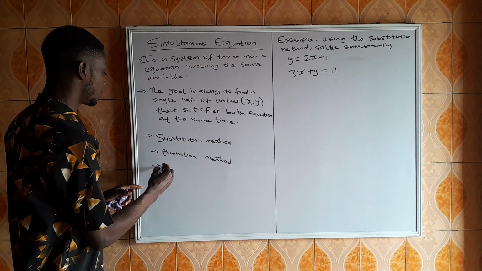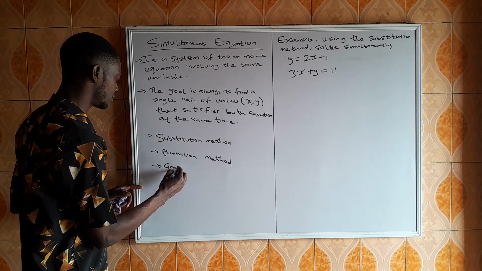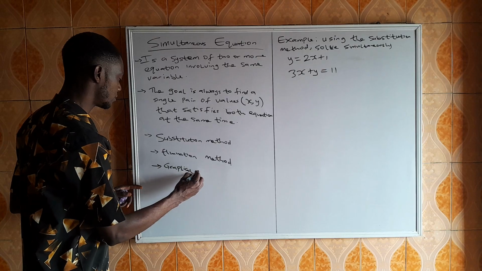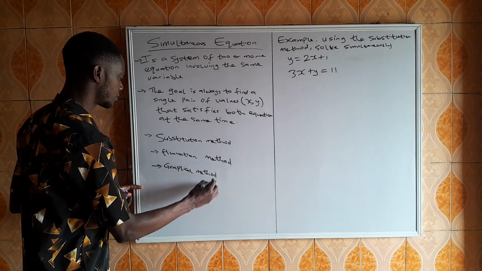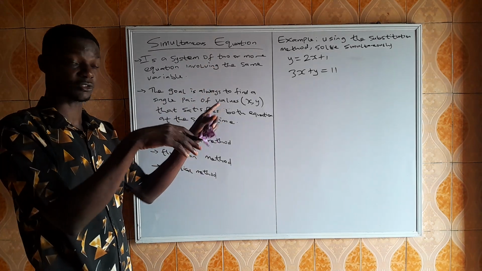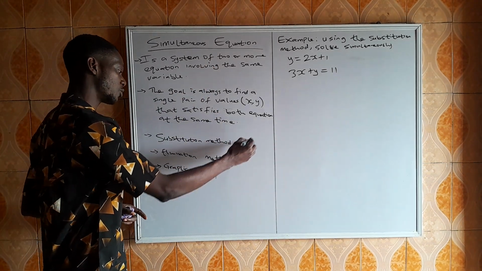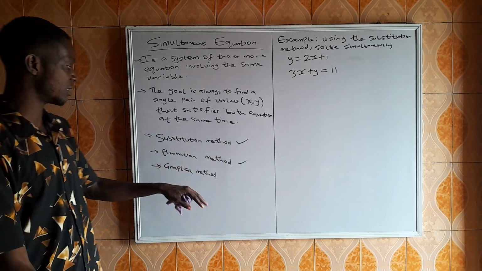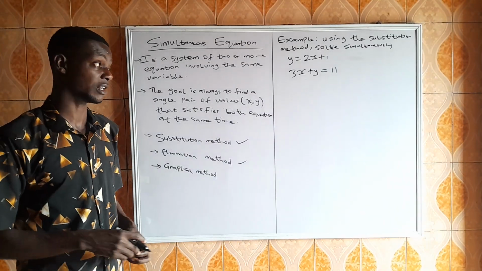Then we have the last one, which is the graphical method. Under this session, we'll be treating majorly the substitution method and the elimination method. But the graphical method will come in the later part.